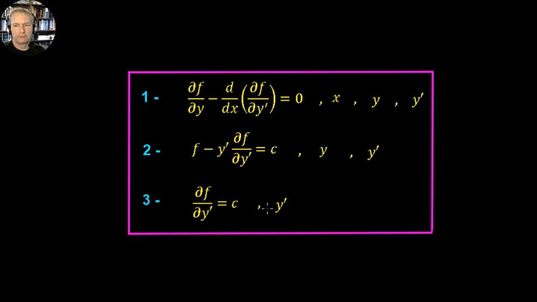If we have an explicit dependence on y derivative only, then we can use this simplification, partial f by partial y derivative equals a constant. These will be very handy, as you've already seen from the examples that you've worked through, and they simplify things a great deal.